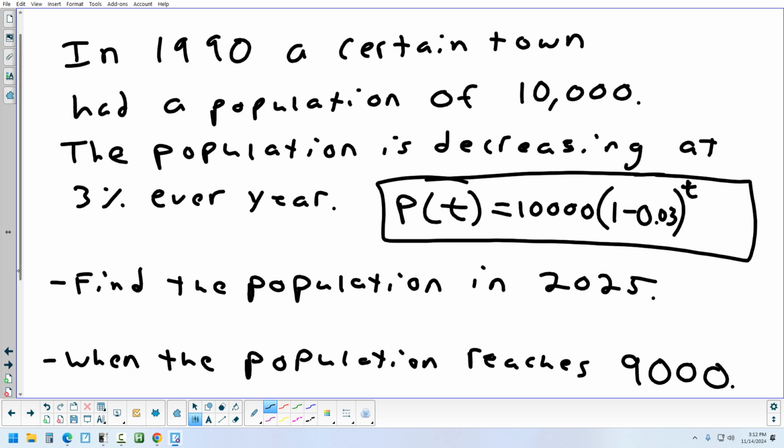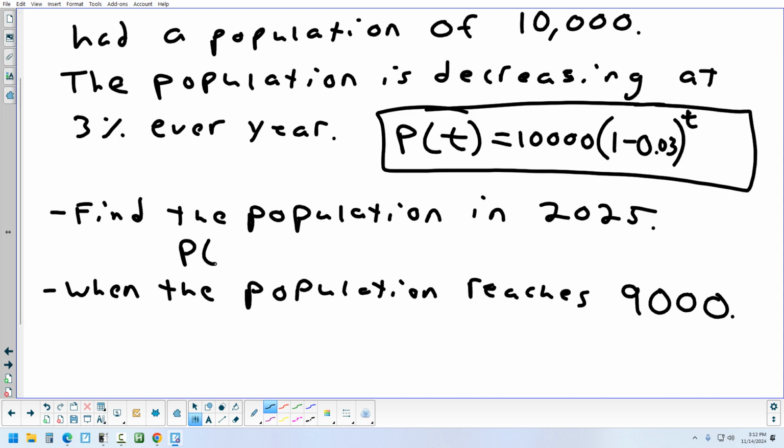Okay, so let's figure that out. Our population after 35 years is 10,000 times 1 minus 0.03, let's just simplify to 0.97, raised to the 35th power.